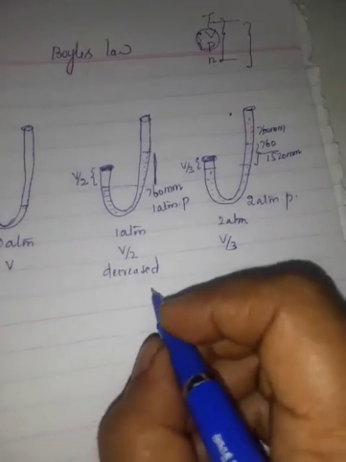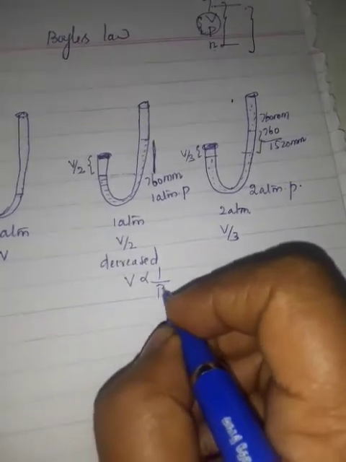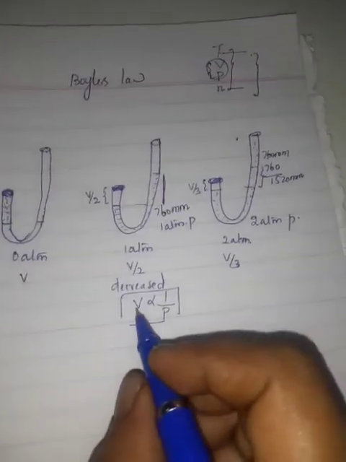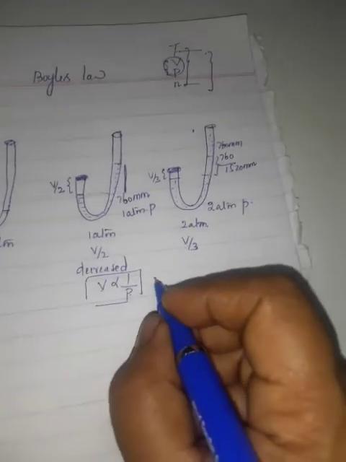So Robert Boyle concluded that volume is inversely proportional to pressure. If volume increases, pressure decreases, when temperature and number of moles are kept constant.